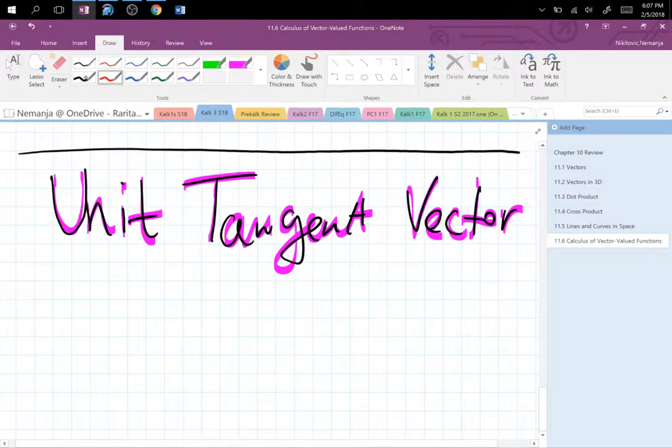It's going to show up in multiple formulas and things coming up. So make sure you know this like the palm of your hand.